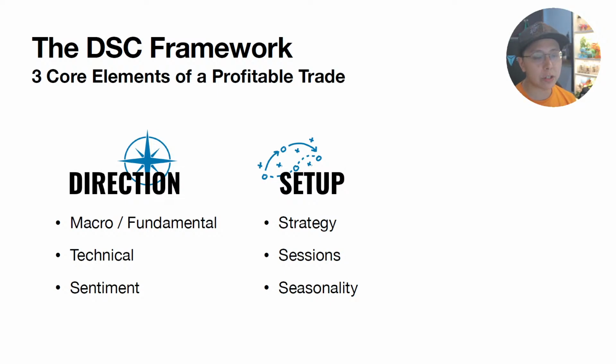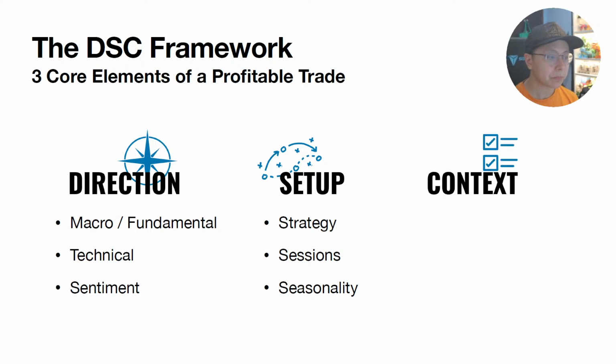Now, once you have the direction established, and you have the setup where you know specifically what the conditions are for you to pull the trigger, you want to add layers of confluences. You want to add additional factors that align with the direction you're trading and the setup you're looking at to increase the odds of winning. That's where I put the last component called C, context.